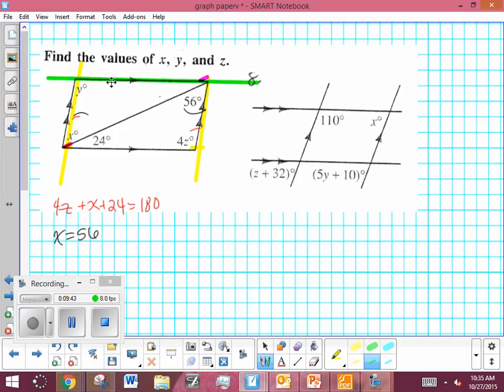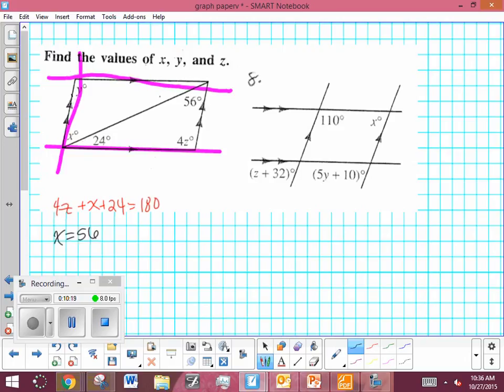Okay. If I look at that top transversal, let's just erase all this. I actually have to look at that parallel line and that parallel line and that transversal to determine something about y.